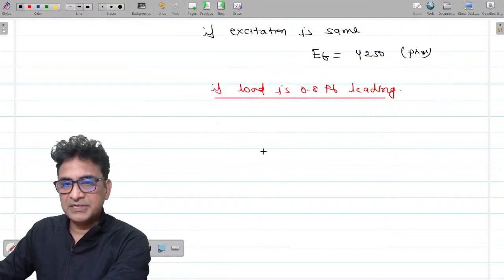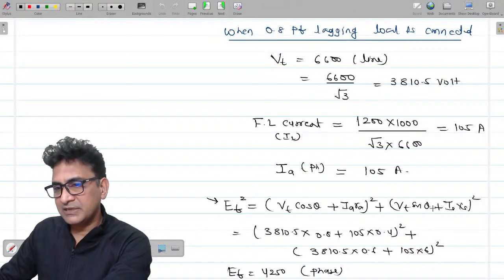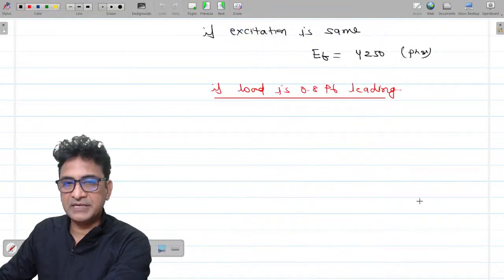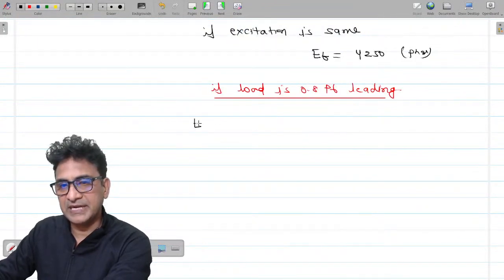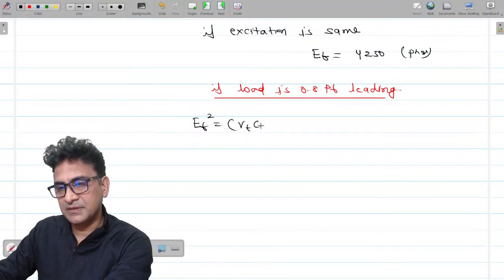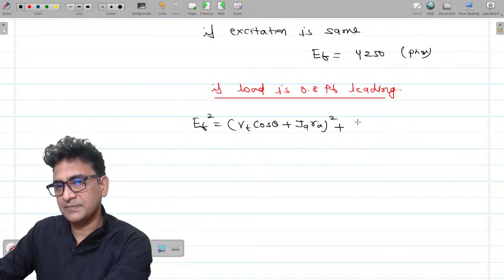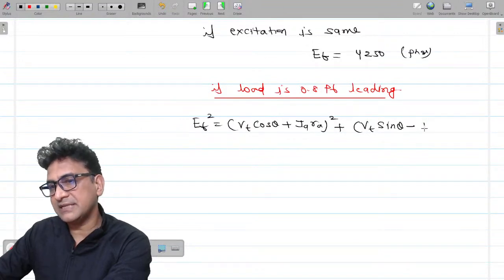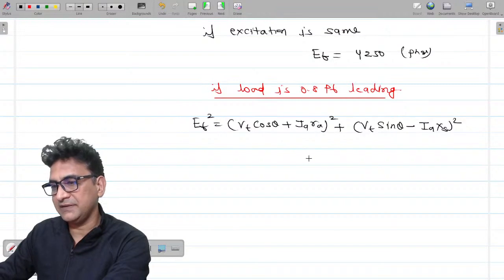The formula will be the same, only here in place of the positive sign we will use a negative sign. So EF square equals Vt cos theta plus IA RA square, plus Vt sin theta minus IA XS. In case of leading load, it would be negative.